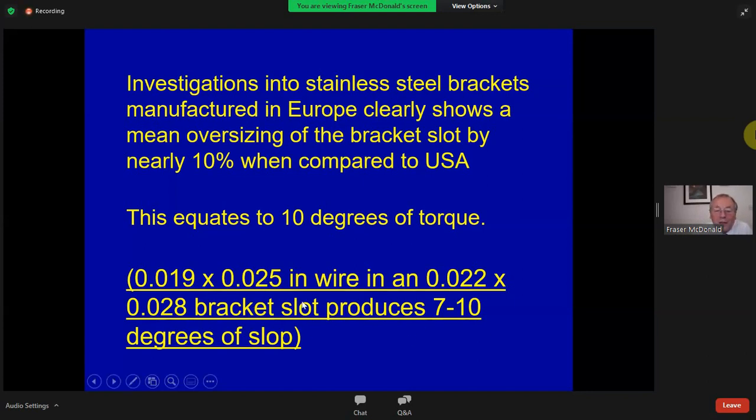The other thing that has been mentioned a lot of times, and there's this mad dash for everybody to get into 19 by 25 stainless steel wires as their working archwire. But in the standard bracket system of 022 by 028, we're supposed to have a working archwire of 19 by 25, but that is supposed to have 7 to 10 degrees of slop.